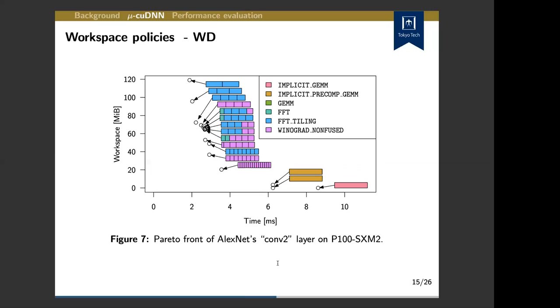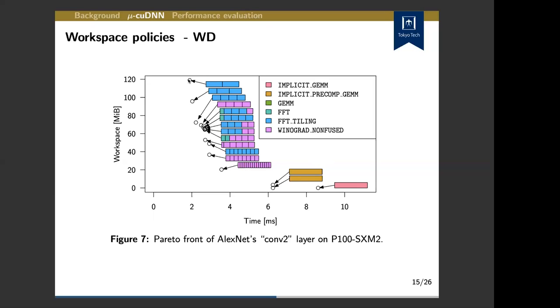In this figure, all of the available choices found by the workspace division algorithm are shown, each of which shows the time and required workspace size as a point and the breakdown of workspace as a bar. So for example, the left top point shows that 2 convolution kernels are performed using the FFT tiling algorithm.